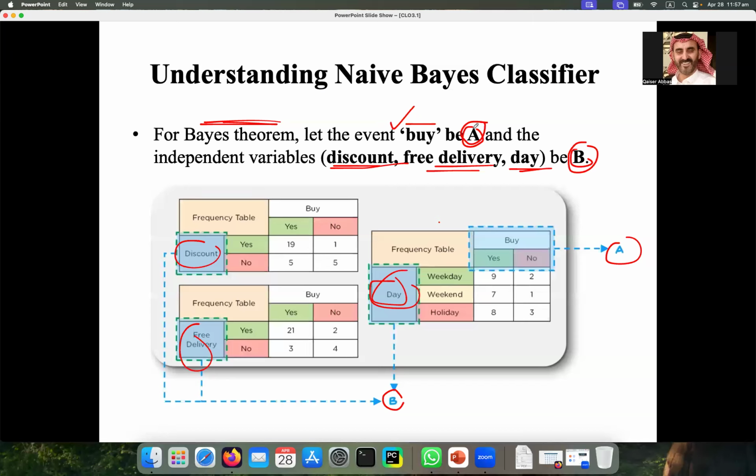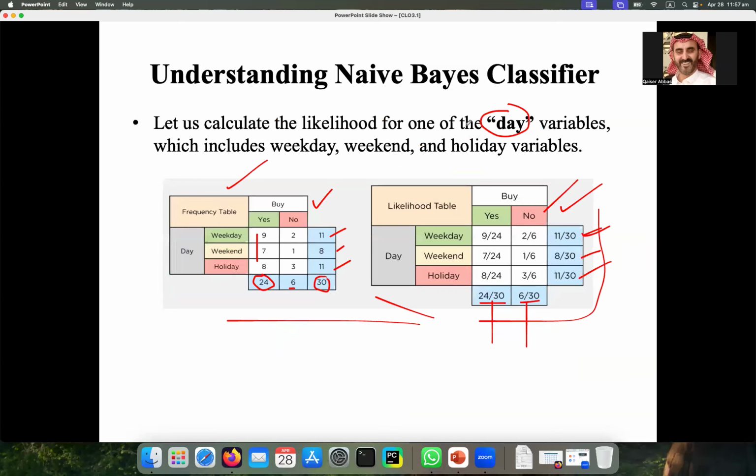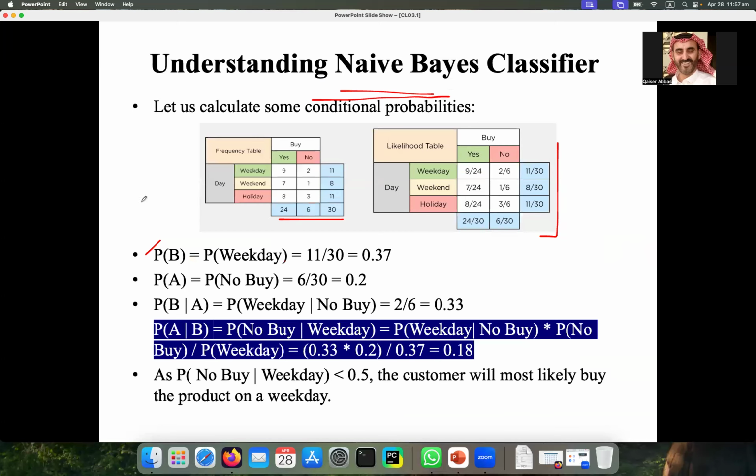And here A, buy, or not buy, is also A. So probability of B, with B being free delivery, day, and discount. Here we are only concerned with day. We don't have free delivery and discount, just to make things easy. Then you can do the same thing again for discount and then for the next tables.